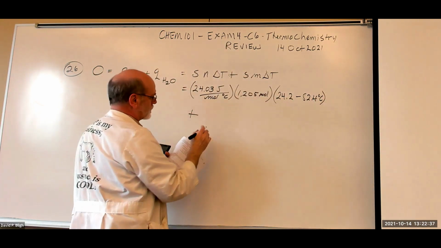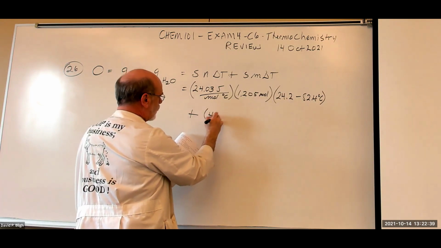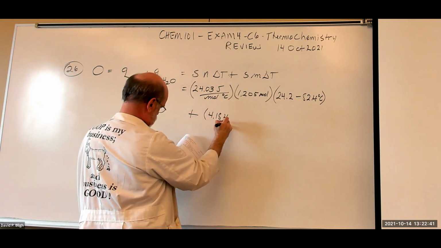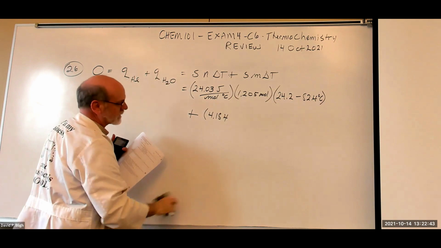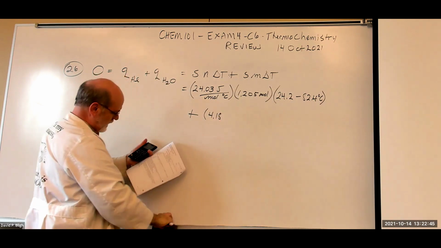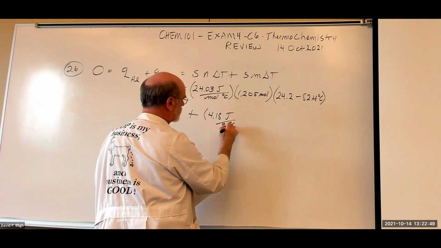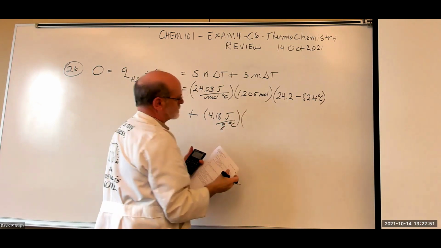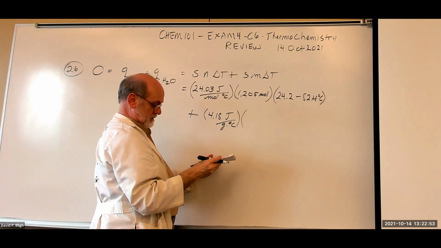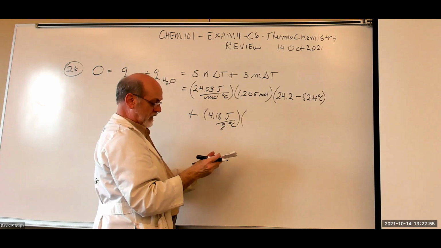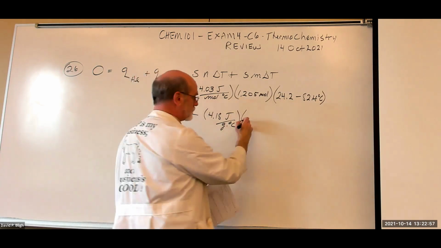Now, this is the water. 4.184, is it? Well, they just use 4.18. Okay, so we better use that value. Joules per gram degree C times, that's our unknown, the mass of water.